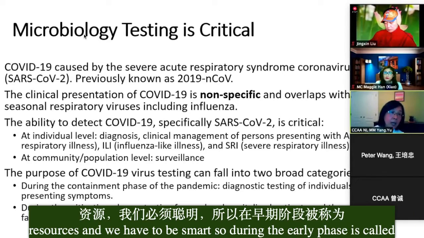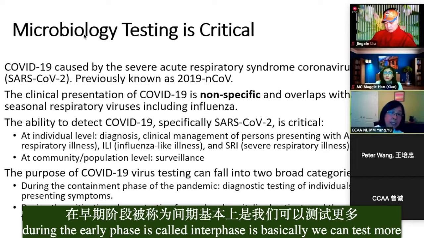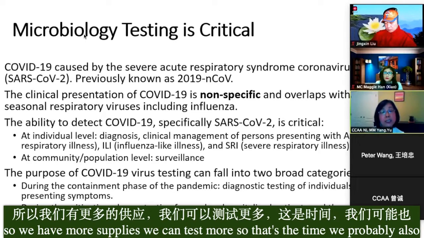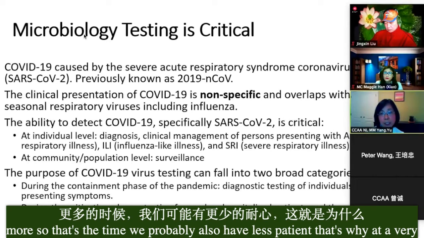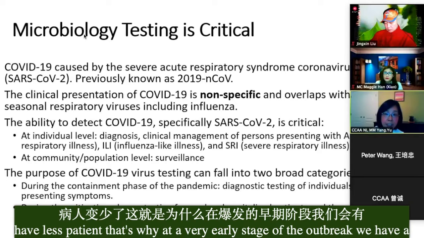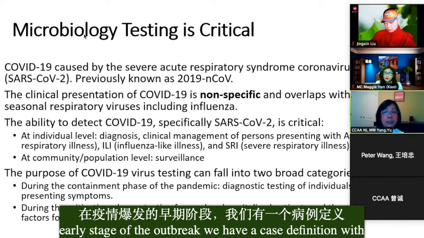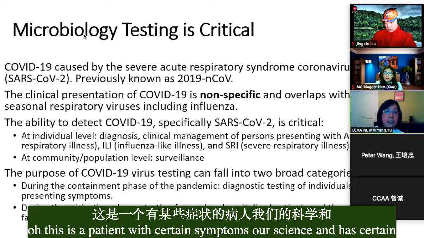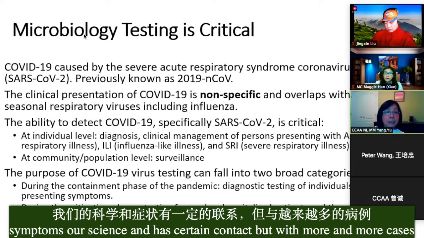During the early phase, called the containment phase, we can test more. We have more supplies, so we can test more. That's the time we probably also have fewer patients. That's why at the very early stage of the outbreak, we have a case definition. We say, this is a patient with certain symptoms or signs and has a certain contact.